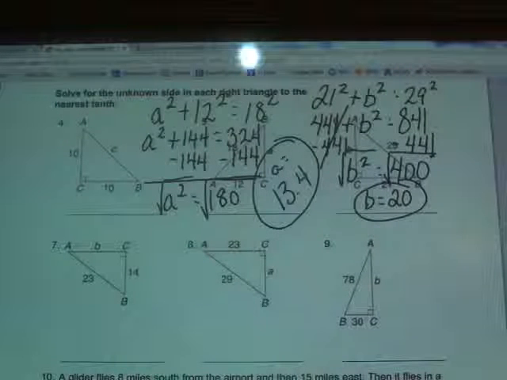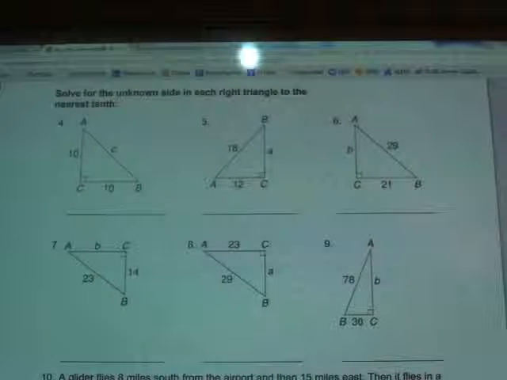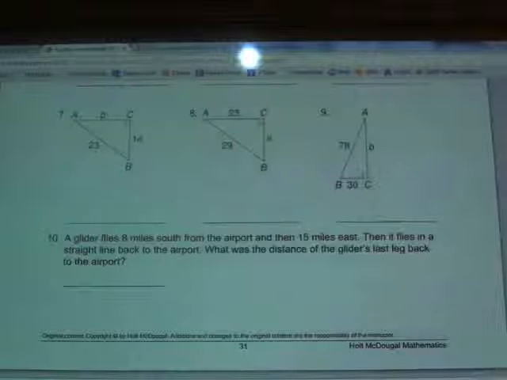All right, let's go ahead and take a look at the story problem here in question number 10. The story problem in question number 10 says a glider flies 8 miles south from the airport and then 15 miles east. Then it flies in a straight line back to the airport.